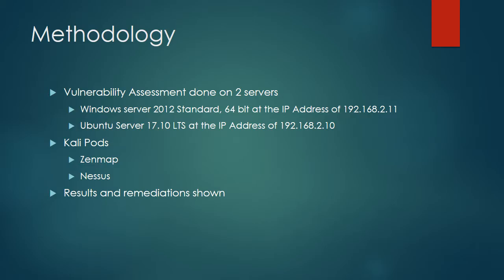This was all done on the Kali pods, and ZenMap would run the IP address to see if the services were running correctly, and the Nessus scan tool would scan for any vulnerabilities that were present. The Nessus scan tool would then rank these vulnerabilities and give recommended remediations and fixes.